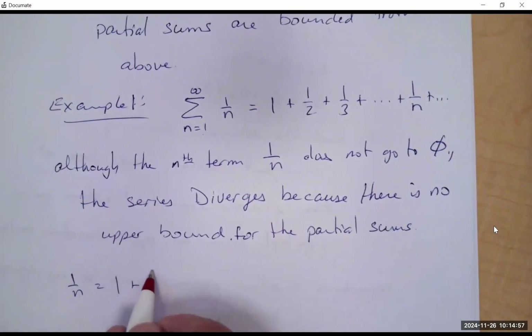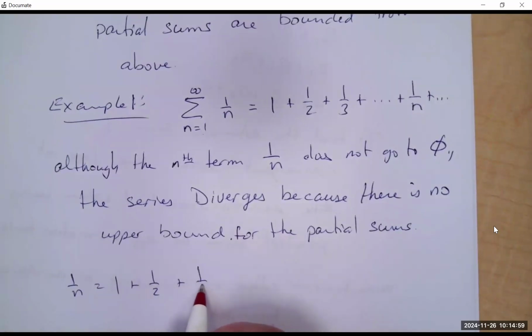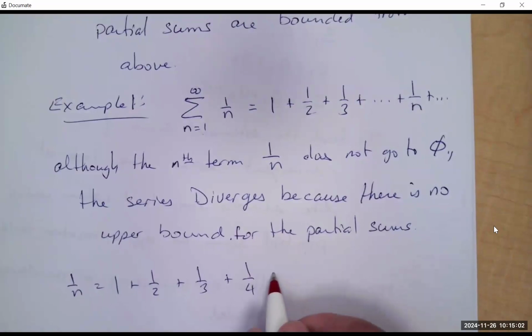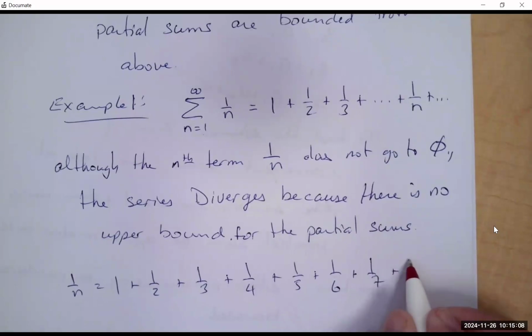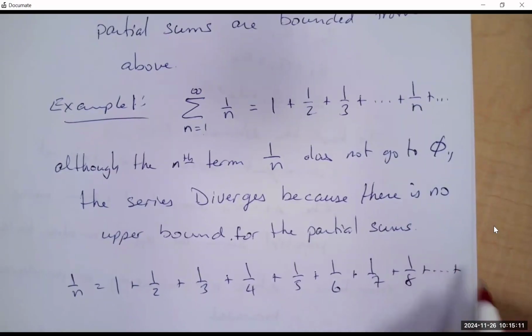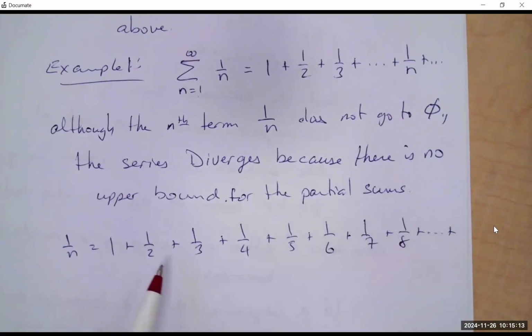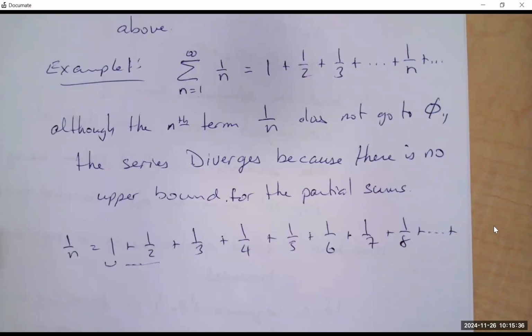It becomes 1 plus 1/2 plus 1/3 plus 1/4, 1/5, 1/6, 1/7, 1/8, and so on. If there was an upper bound, this function would stop growing. But what's happening here? We start off at 1, and we add 1/2. That's 1.5.